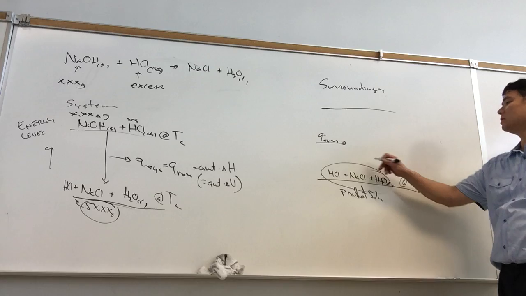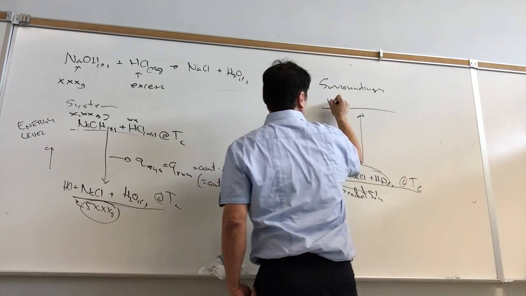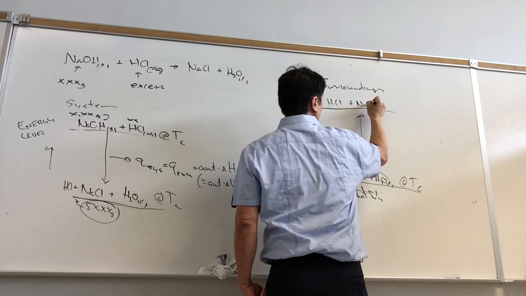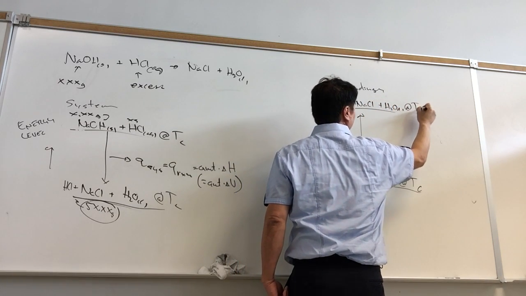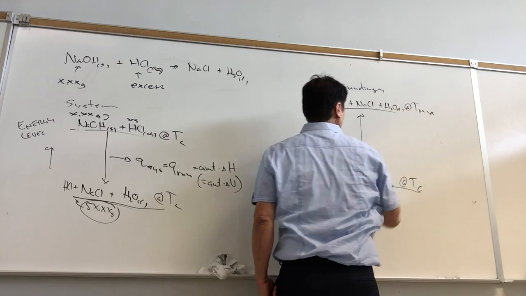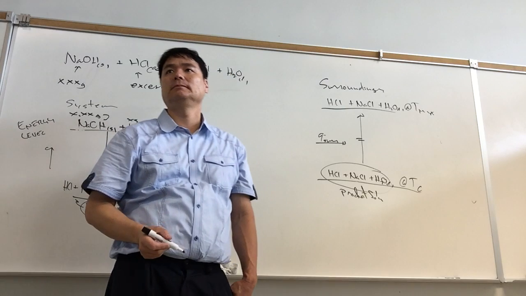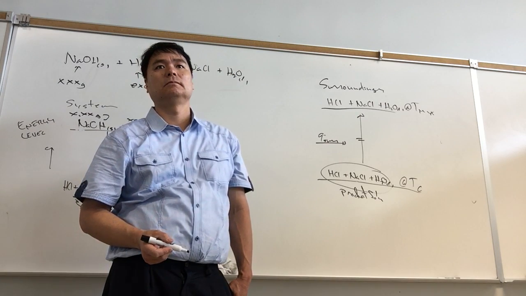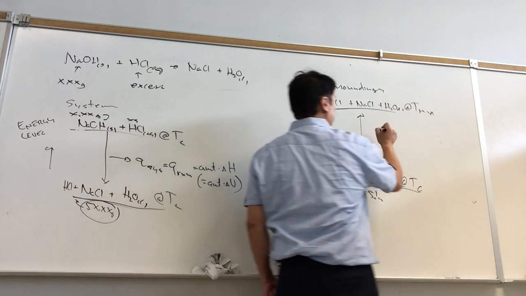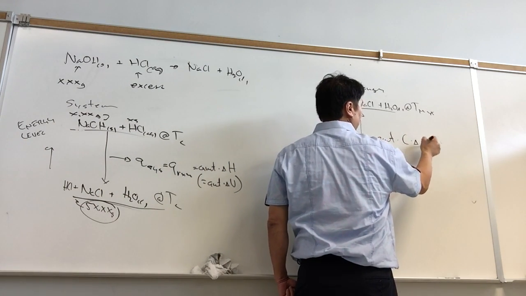And the product solution is an object. This object is going to warm up, right? So we're going to get HCl, sodium chloride, and H2O liquid at T hot, or T mix. So Q of the surroundings is equal to what? It's equal to the amount times C times delta T for the object.